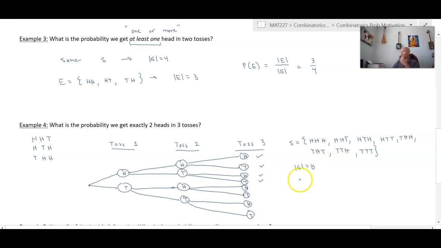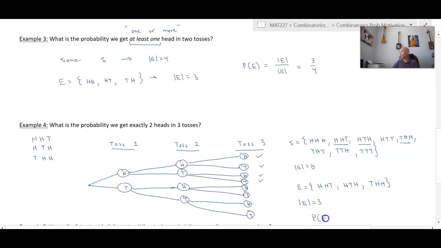And now we just need to figure out which of those result in exactly 2 heads. Well, we've already started to list them out here, but we see that HHT, HTH, and THH, all 3 of those have exactly 2 heads. No more, no less. And so the size of our event space is 3.